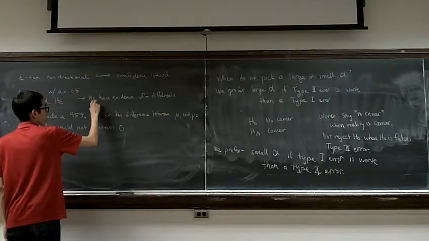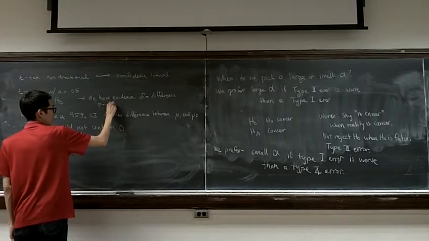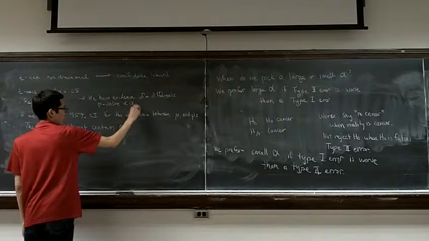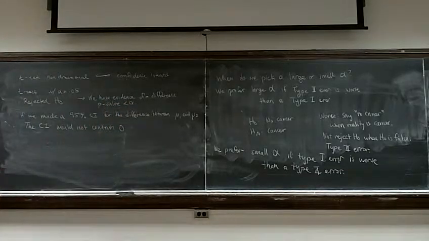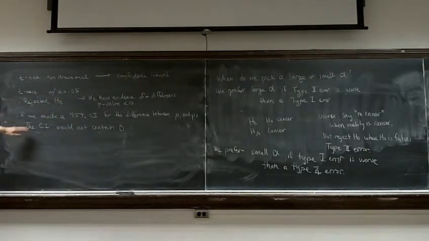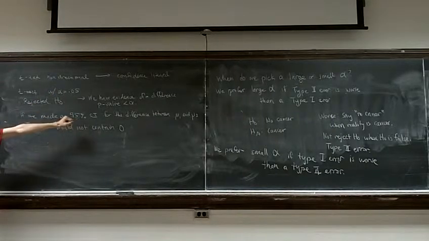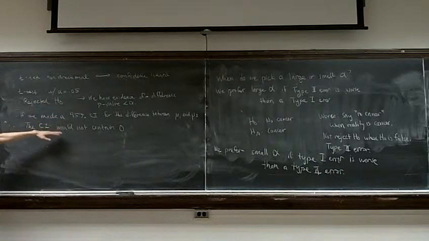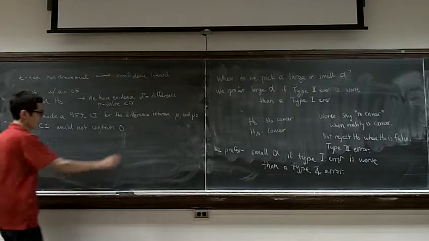It also means that our p-value is less than alpha. So if we have evidence of a difference here, we would have evidence of a difference here. The alpha 5% is equivalent to a 95% confidence interval. So evidence of a difference means the confidence interval would not contain 0.